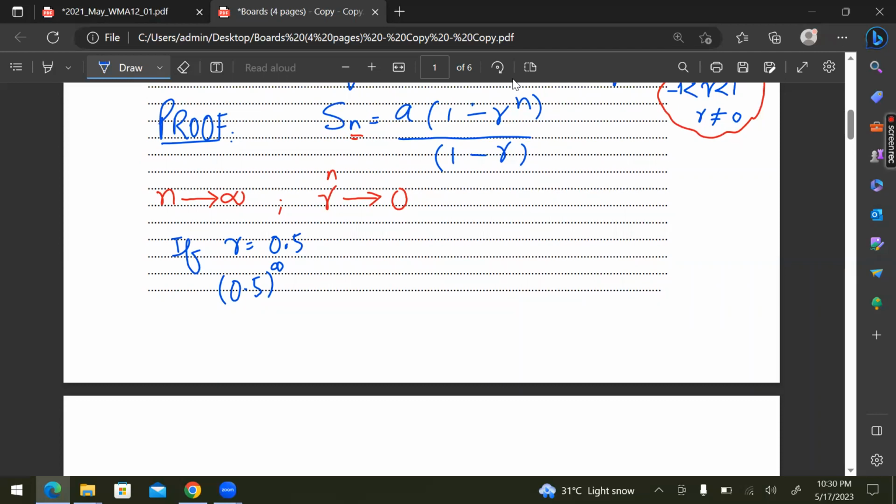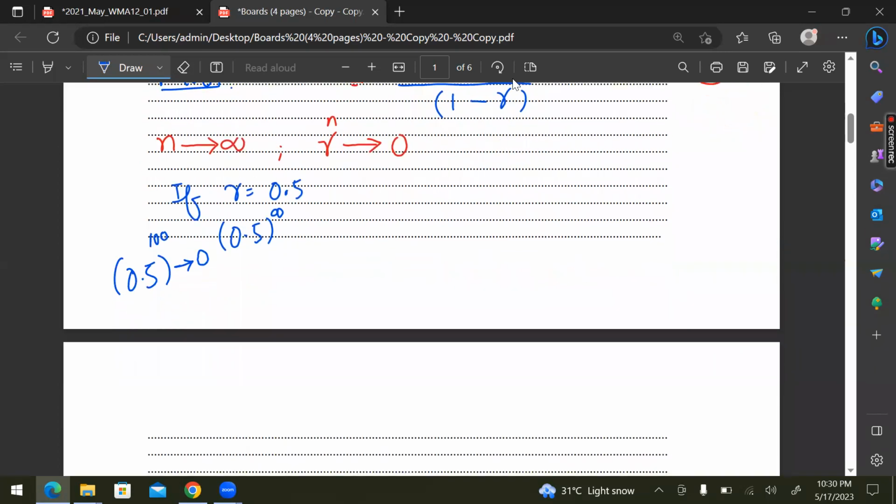You can verify: take 0.5 raised to the power 100, because 100 is a big number. You will see that 0.5 to the power 100 is approximately 0, but the answer is 0.0000 and so on, with 31 zeros and then 78.